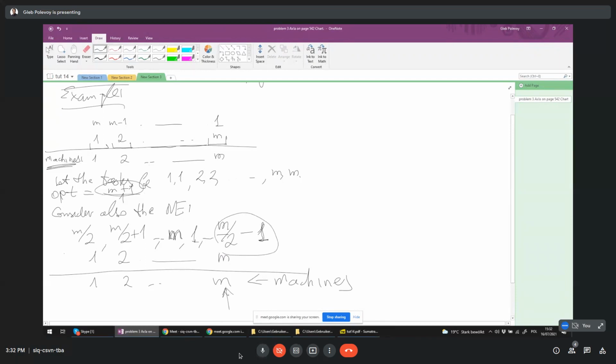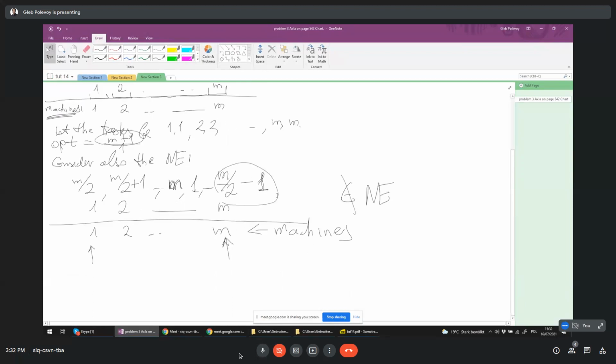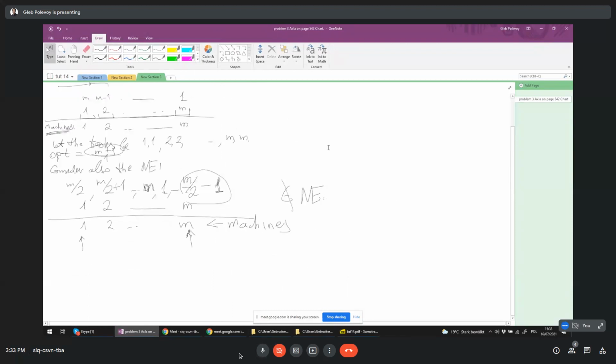Now, if it moves to machine 1, it would face m divided by 2, so it would be better. Yeah, it's not an equilibrium. But what about another example? What about shifting those things differently? It does work for me to shift it, but just think about some other shift.